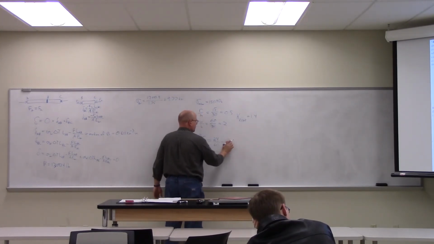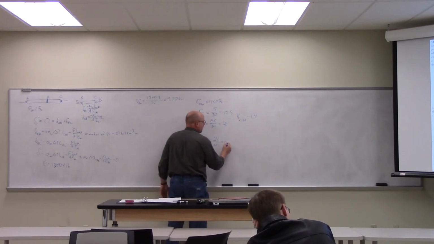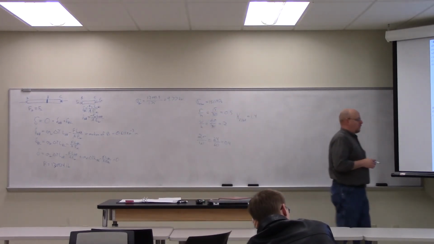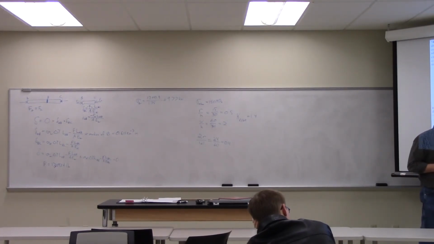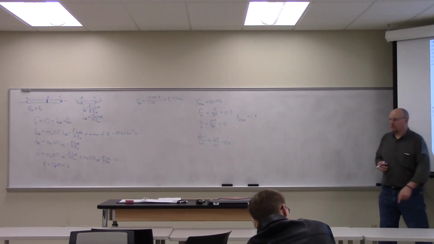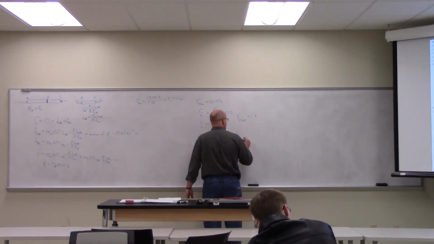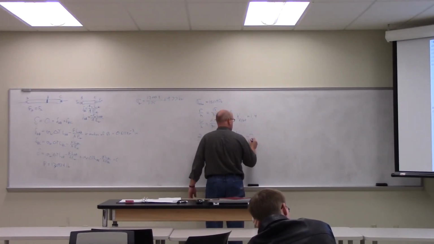So 24 over 60 is 0.4. So I come up to 0.4, come up to the curve, and that gives me a K value of 2.2. So K for the hole is 2.2.